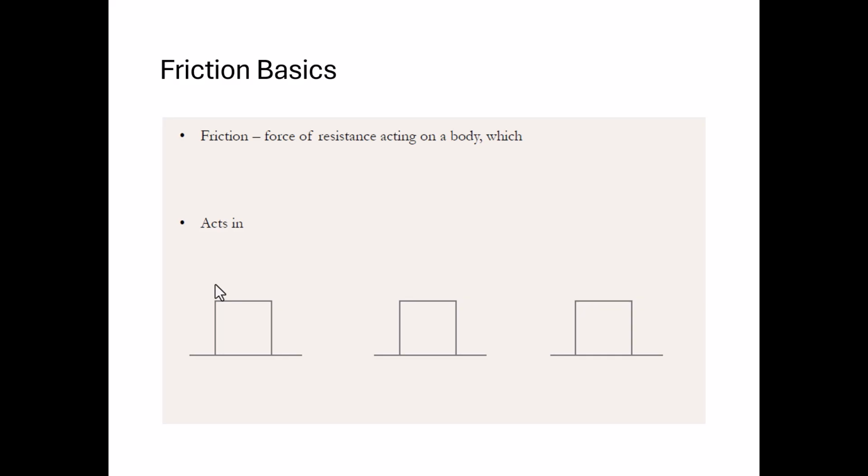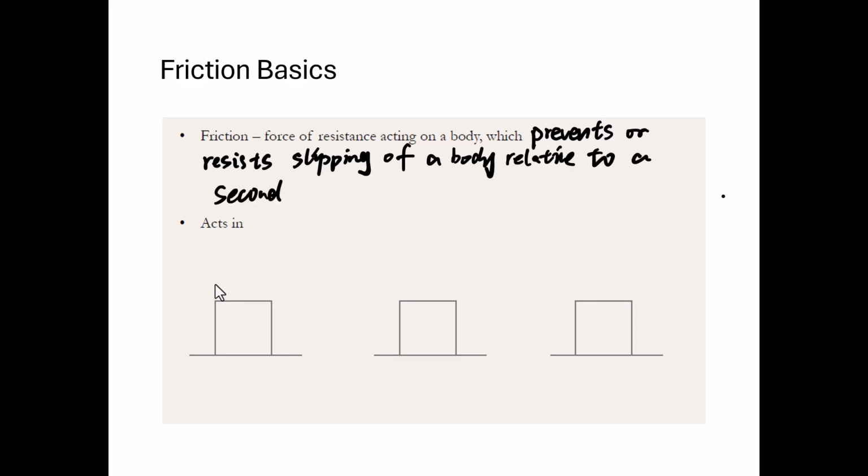That's the definition of friction, which prevents or resists slipping of a body relative to a second body.